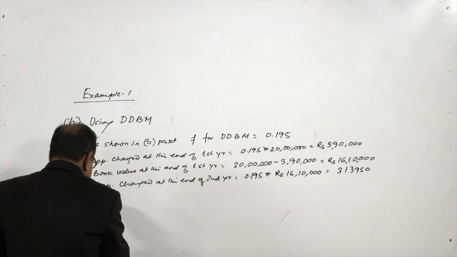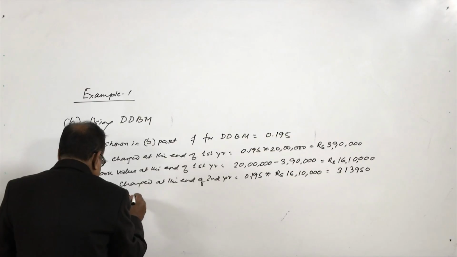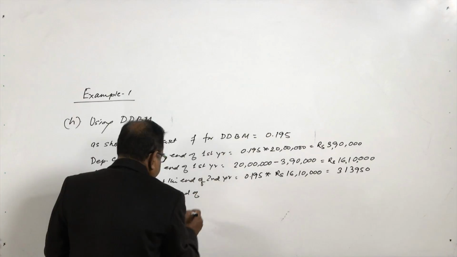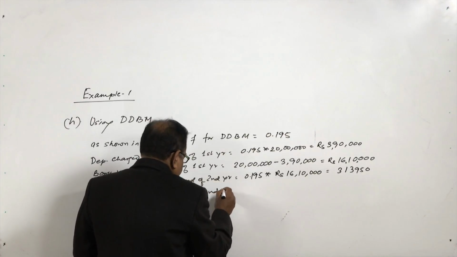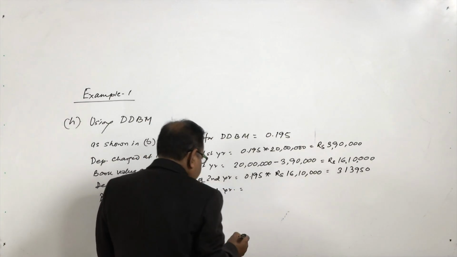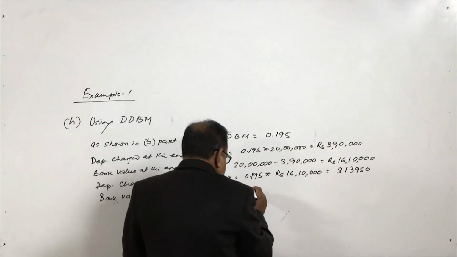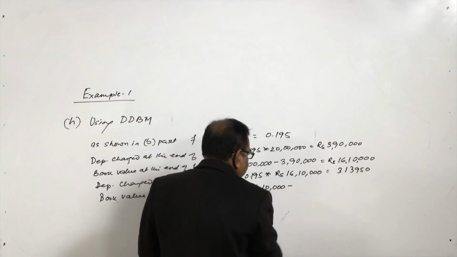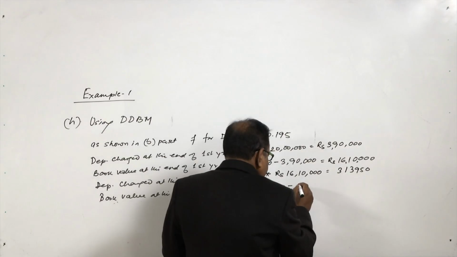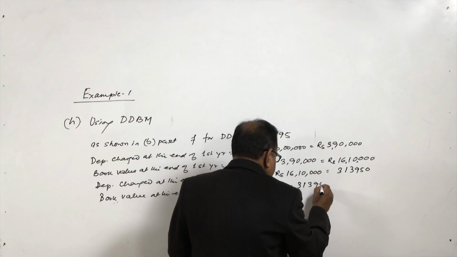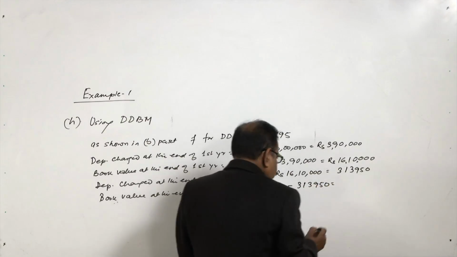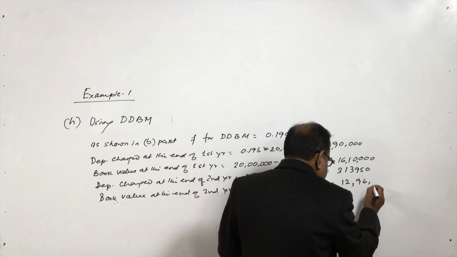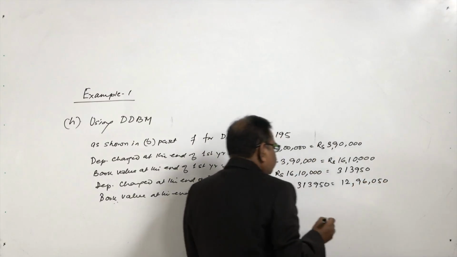Now book value at the end of second year is equal to 16,10,000 minus 313950, which comes to be 12,96,050.